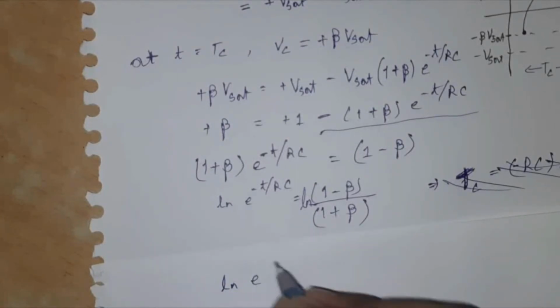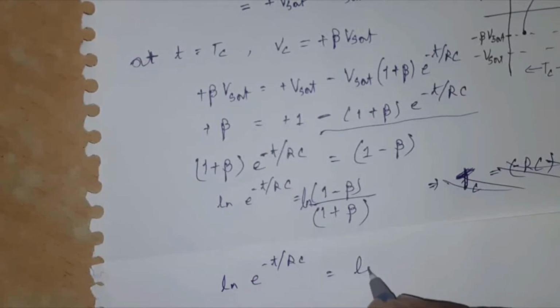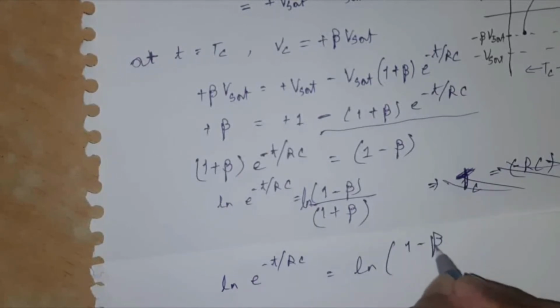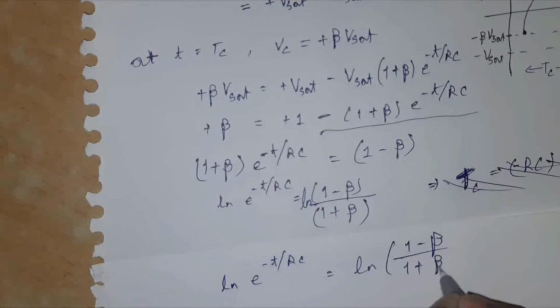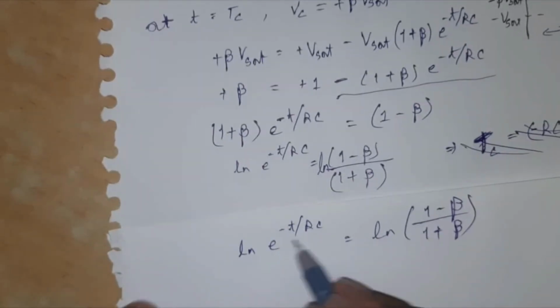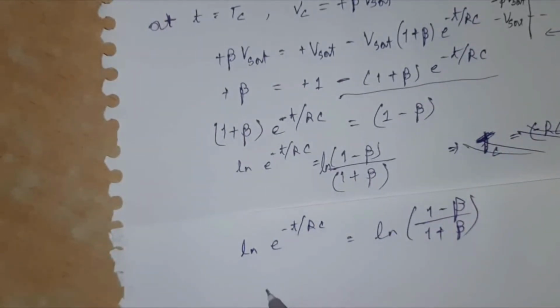Now we have ln e to the power minus t by RC is equal to ln (1 minus beta) upon (1 plus beta), and this ln and e can be solved like this.